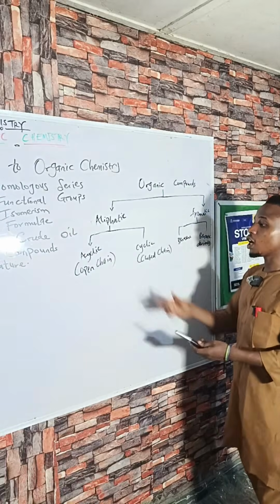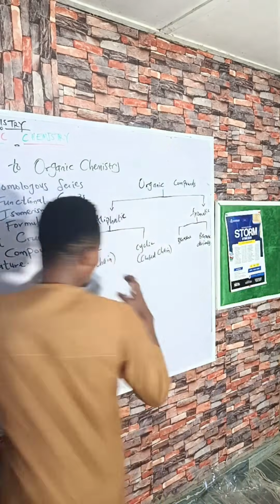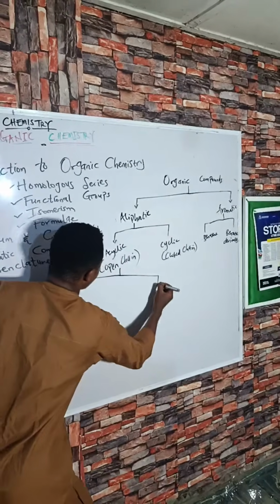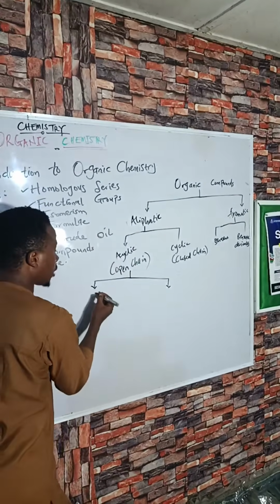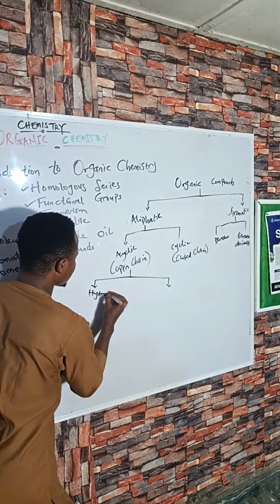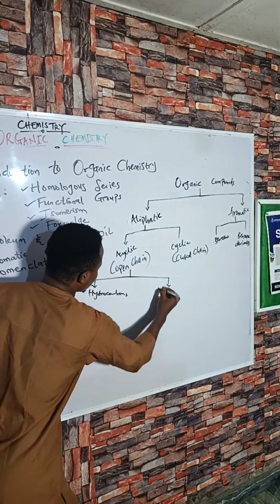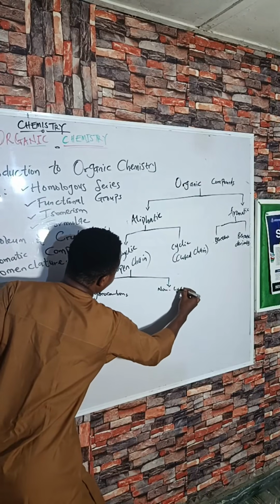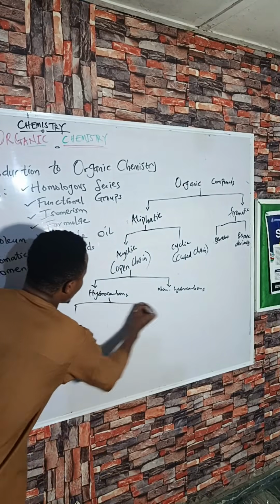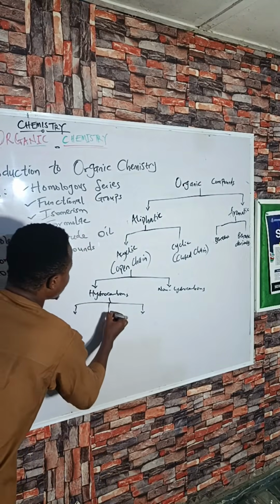So now, under your open chain, that is the ones that are not ringed or circular, we want to think about the major hydrocarbons and non-hydrocarbons. Under hydrocarbons, these are compounds that contain just carbon and hydrogen.